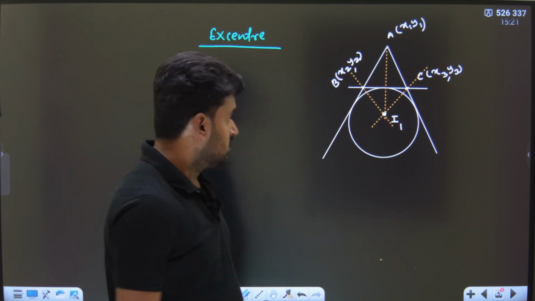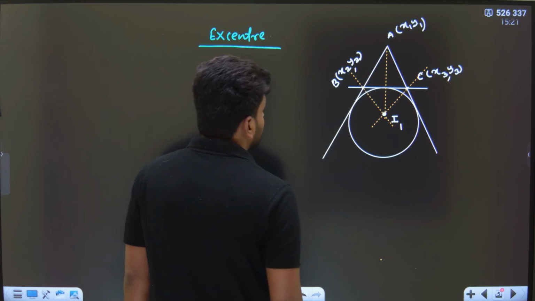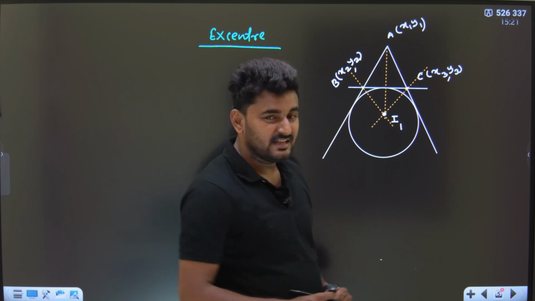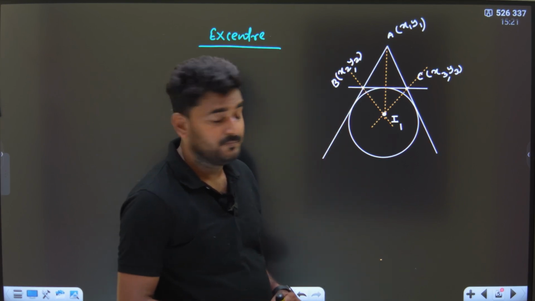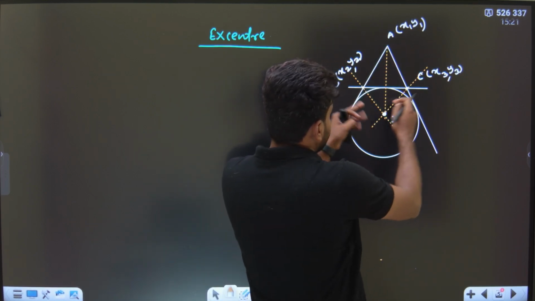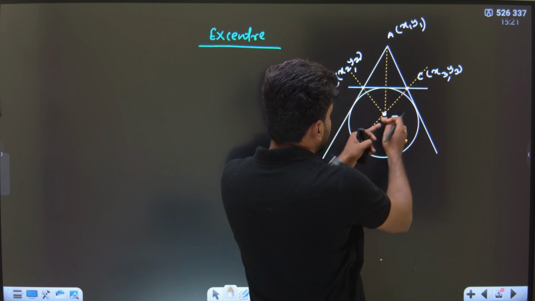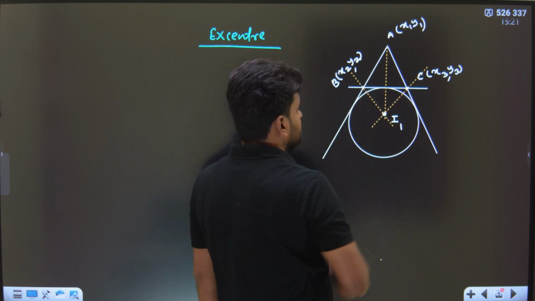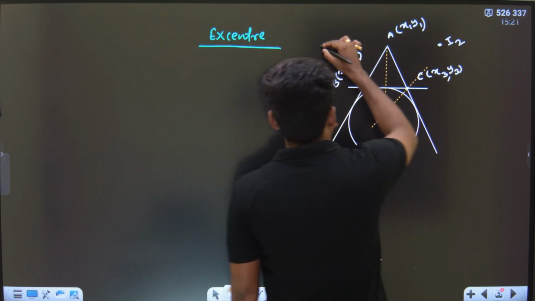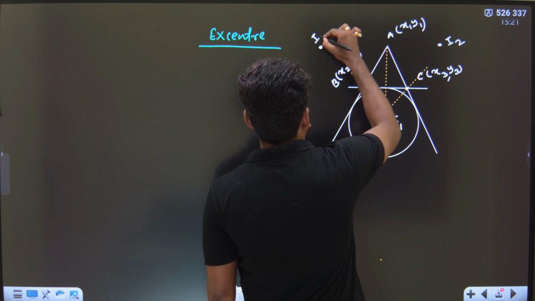Understand? So now here will be three Excentres. How? One internal bisector I have taken and two external bisectors I have taken, at B and C. You can take another Excentre, that is I2, and another Excentre that will be I3.